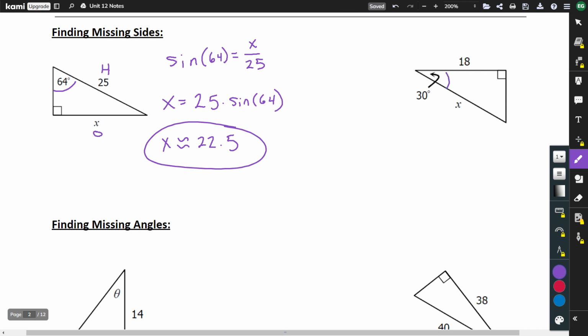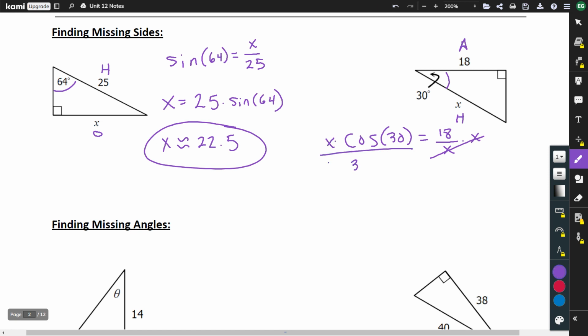All right, for this next one, based on my angle, I have my adjacent side and I have my hypotenuse. So this is going to be cosine. We're going to set this up as cosine of 30 degrees equals 18 over x. Now, when we have our variable in the denominator, we have to move it to the numerator. What we're going to do is multiply each side by x.